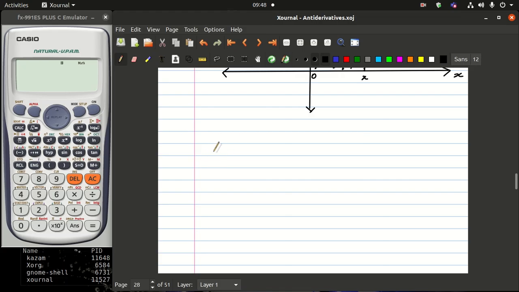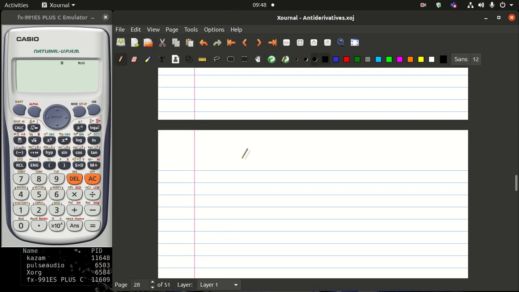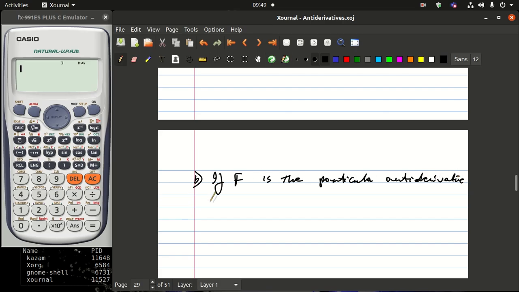Then question B is asking, if F is the particular antiderivative of the function y is equal to 5, what is the value of F of x minus F of 0?